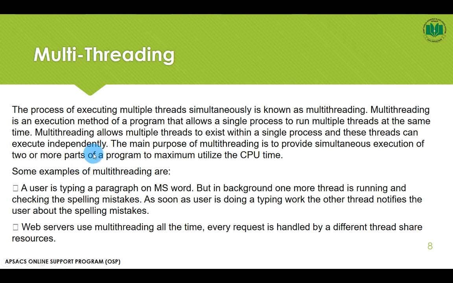It will underline in green and say that there is a grammar mistake, and it may also underline in blue to notify us that we have a punctuation error. So one thread is responsible for typing in MS Word, and in the background another thread is running and checking our spelling. As soon as the user does typing work, the other thread notifies the user about the spelling mistakes. So this is a very simple example of multithreading.